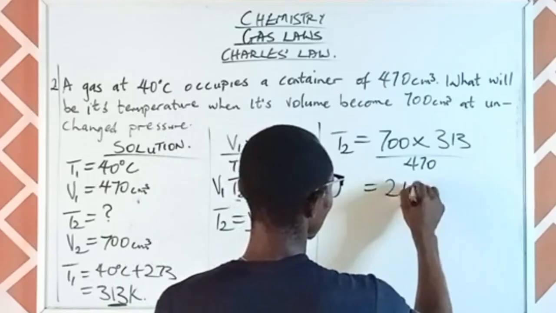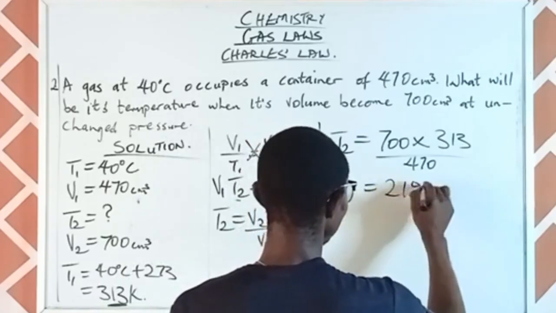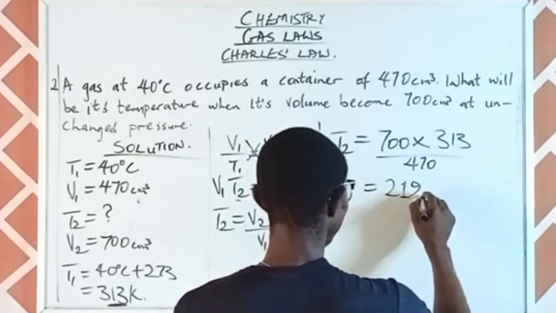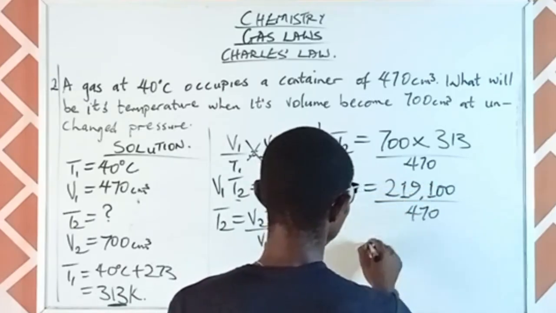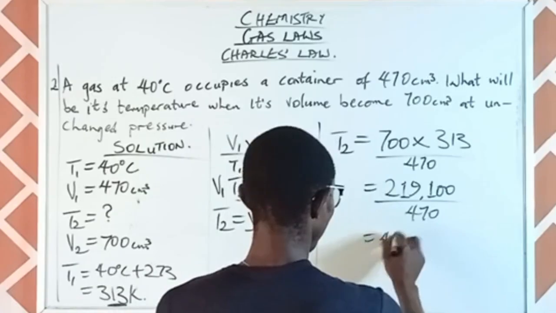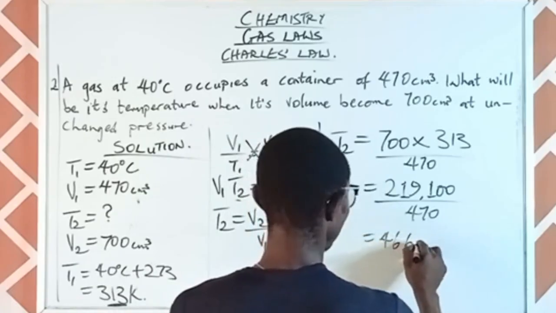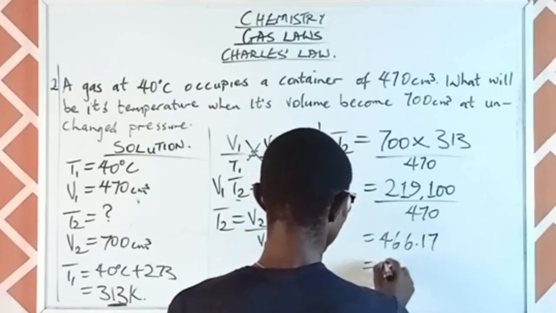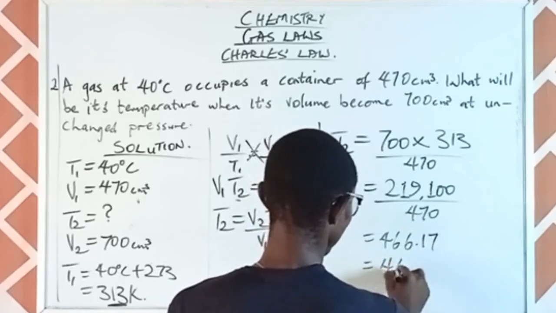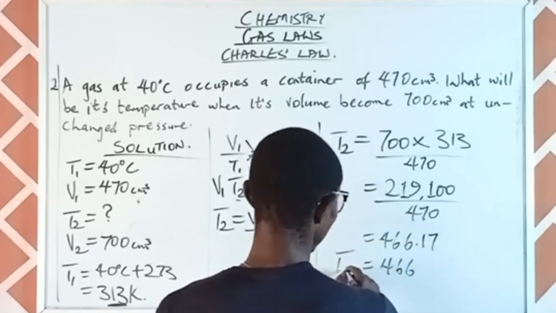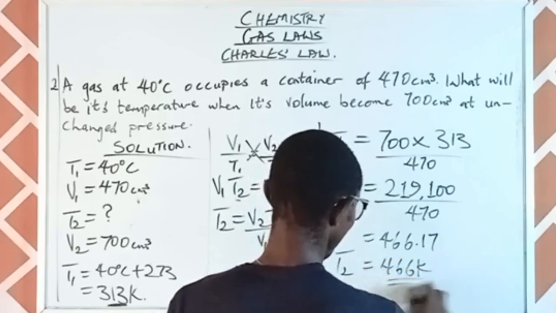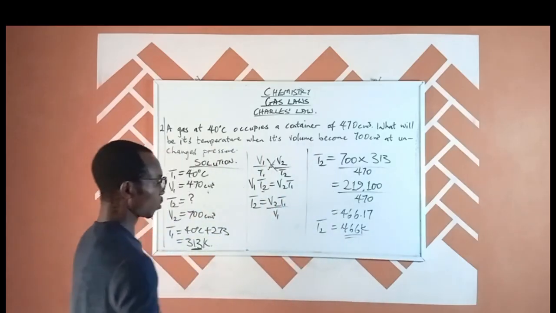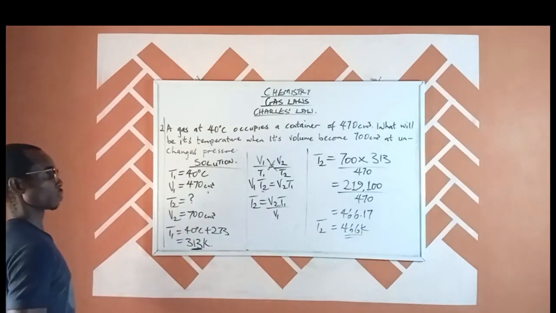That is giving us 219,100 divided by 470 to give us 466.17. So that will invariably give us 466. Since it is temperature, we can leave it at 466 Kelvin. So that is the unit of this particular question. That is going to be the way this particular question is being calculated.